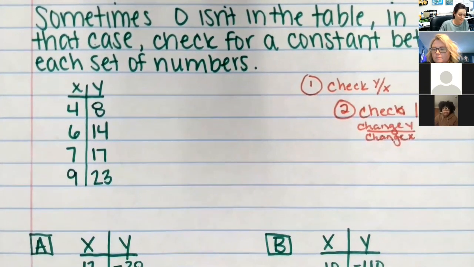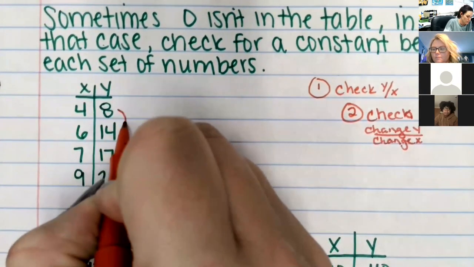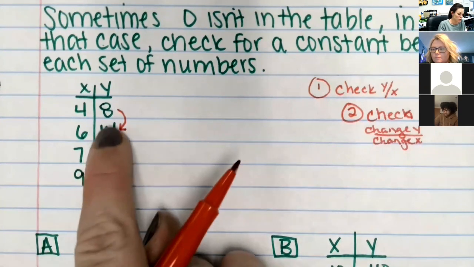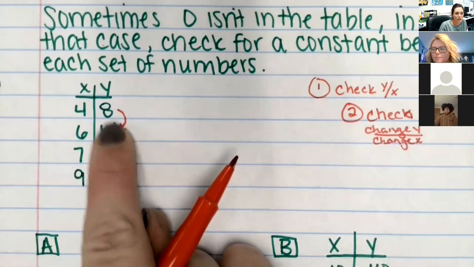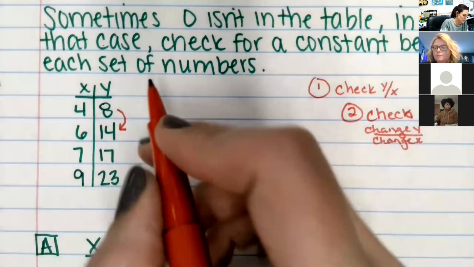So what this means is I'm going to literally draw a loop from one number to the next. And I'm going to ask myself, how did this number change? It was 8. It's now 14. How much did it change? How did I get from 8 to 14? Plus 6. I added 6, right?